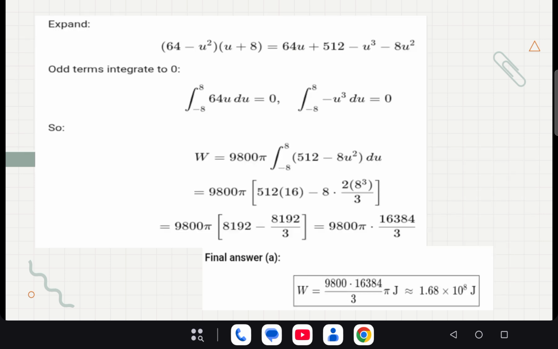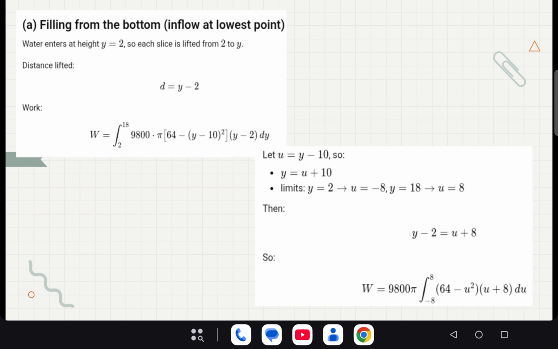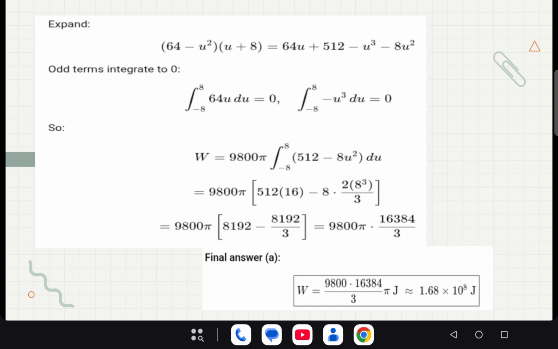To expand this, we have the quantity 64 minus u squared times u plus 8 equals 64u plus 512 minus u cubed minus 8u squared. So odd terms integrate to 0. The integral from negative 8 to positive 8 of 64u du equals 0.